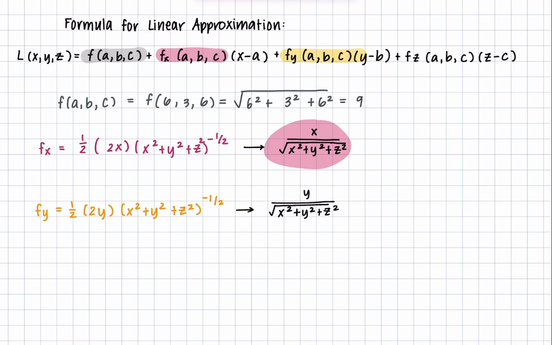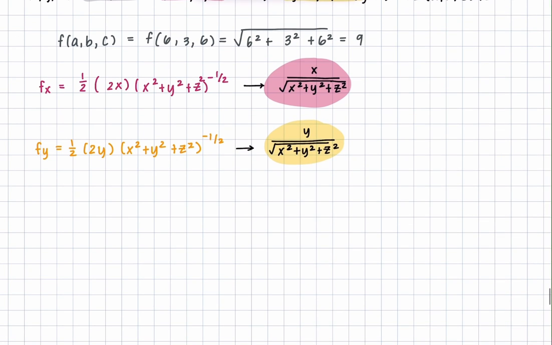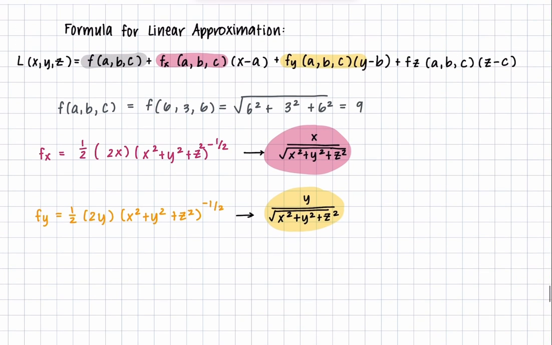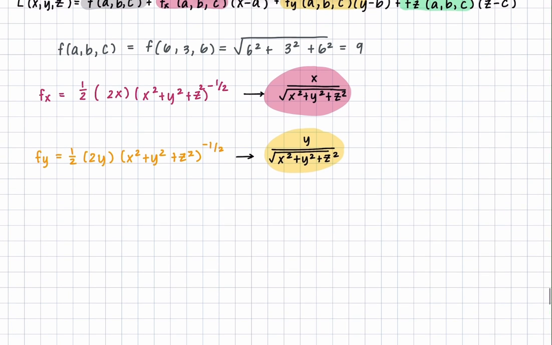I'm just going to color code them so it's easier for later. And then our last one is z, right over here. The partial derivative with respect to z is going to be 1/2 times 2z times x squared plus y squared plus z squared to the power of negative 1/2.